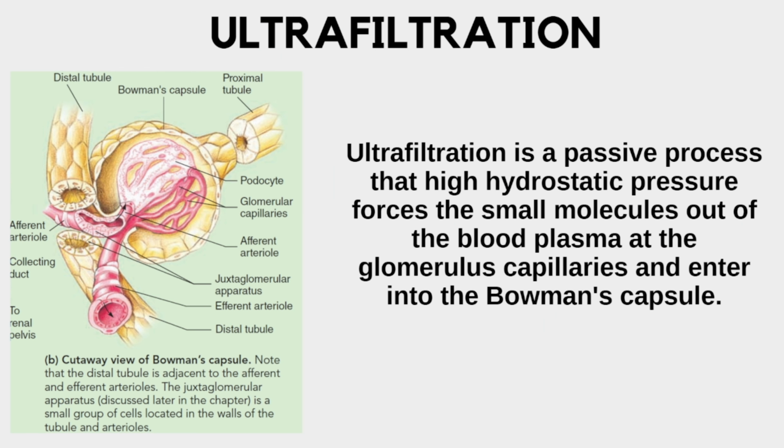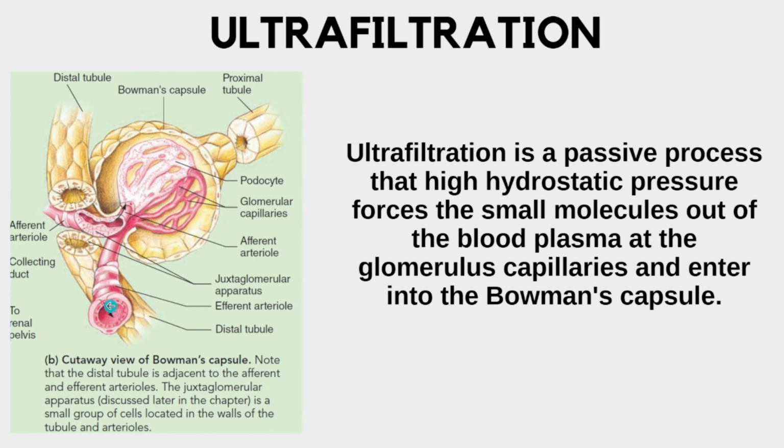So ultrafiltration, where it is a filter, because I already said filter, right? It is actually a passive process where high hydrostatic pressure forces the small molecules out of the blood plasma at the glomerulus and into the Bowman's capsule here.